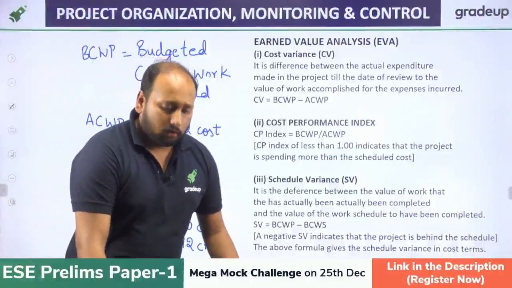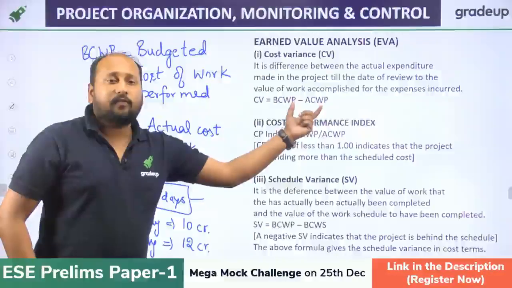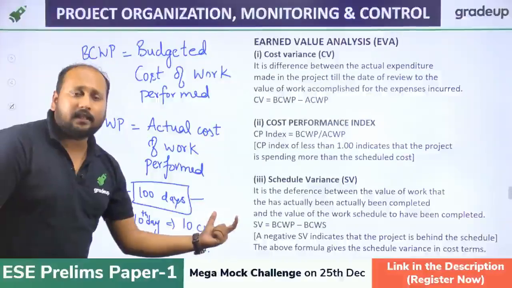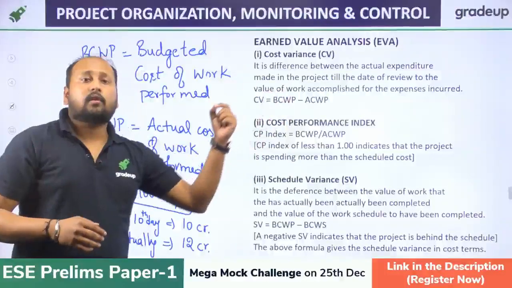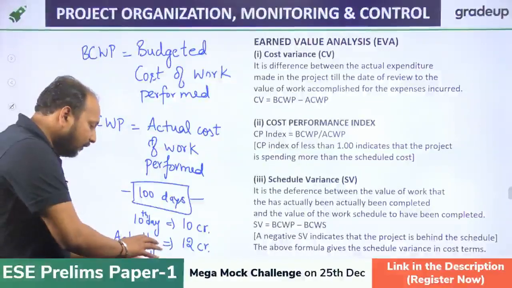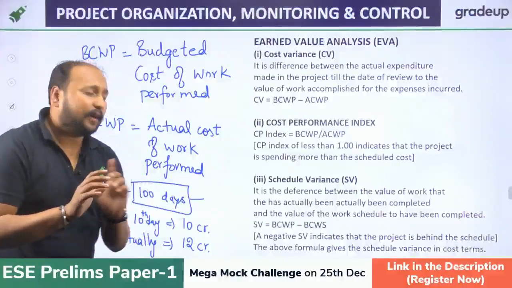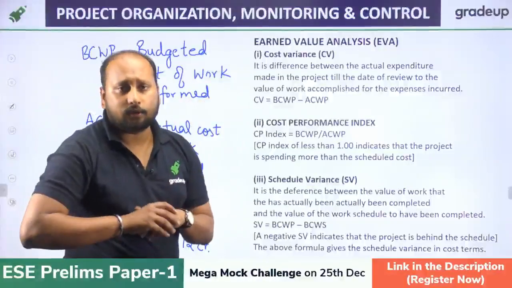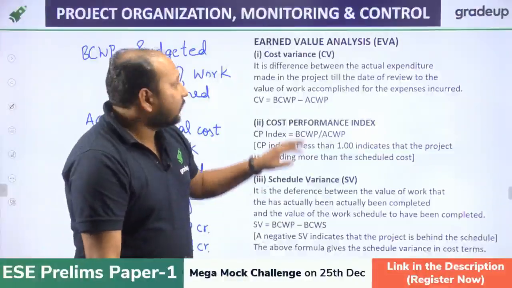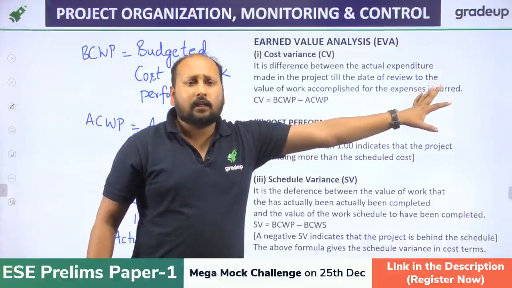Clear? So what is cost variance? Cost variance is the difference between the budgeted cost which we have planned at the starting phase minus the actual cost of the work performed. After 10 days 12 crore has been consumed, but the plan was 10 crore. So we are having a cost variance of 2 crores. Fine. If the cost variance is negative, so what does that mean?